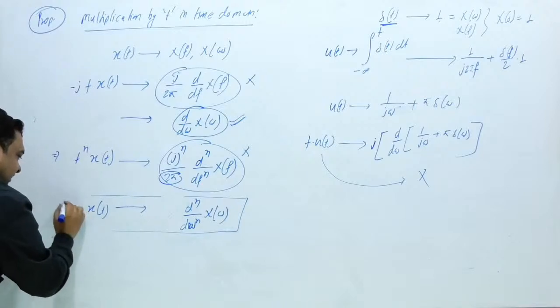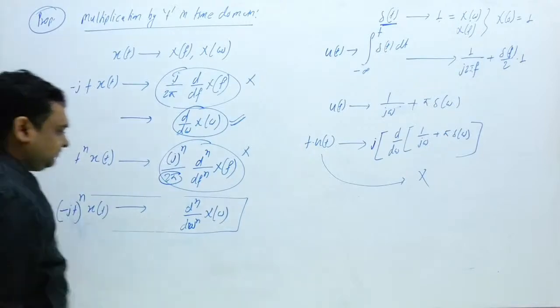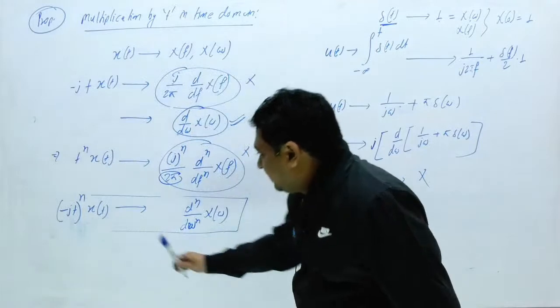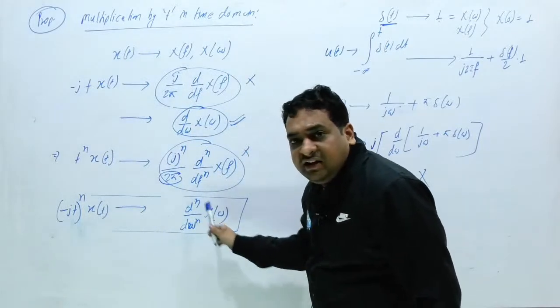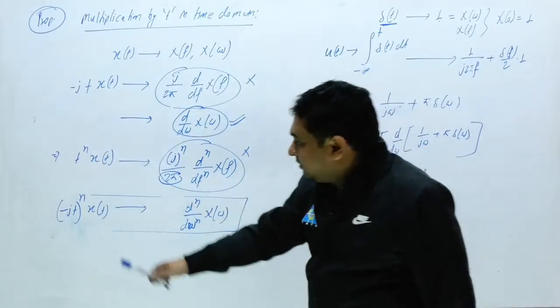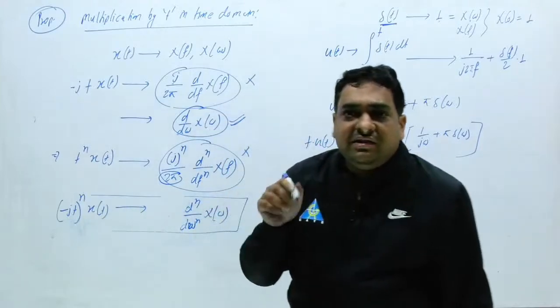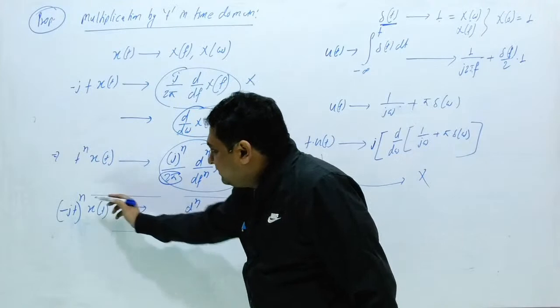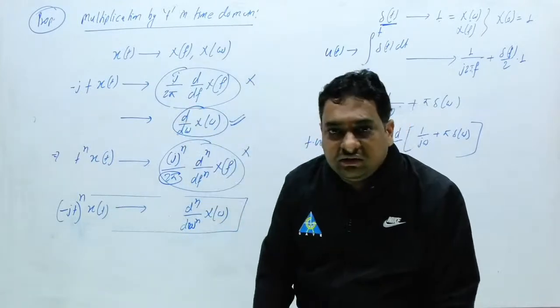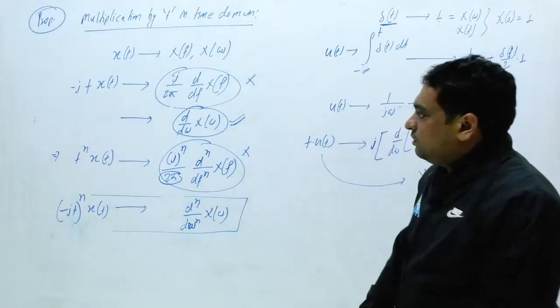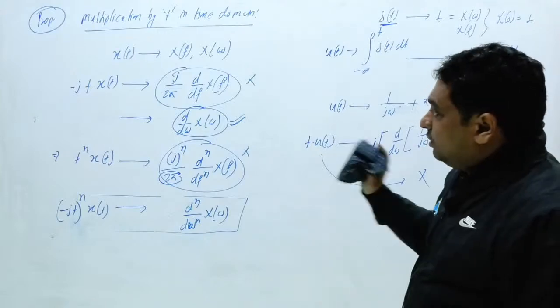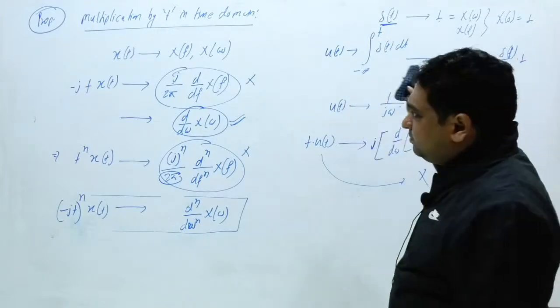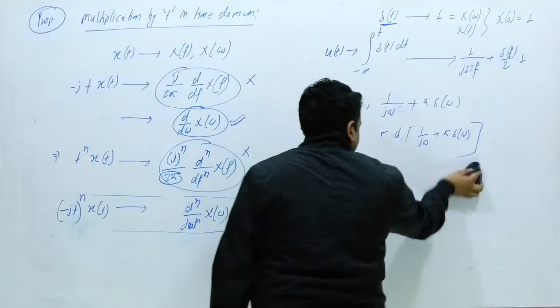This is minus j t raised to power n. This is the actual property. If you differentiate n times in the omega domain, on the left side you get minus j t raised to power n. If this is raised to power 1, that will be raised to power 1. Clear? So it's on you how you remember this property. And in a very rare case will we use it. Now the next property.